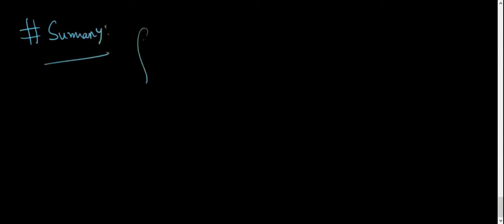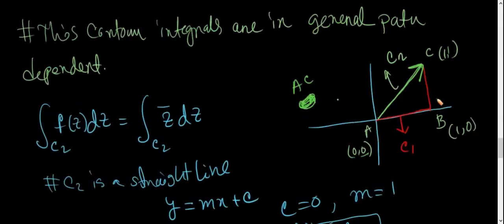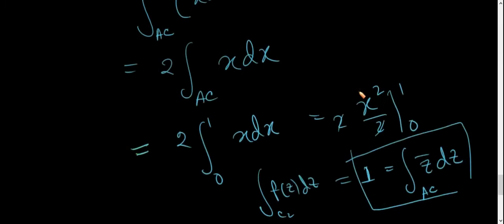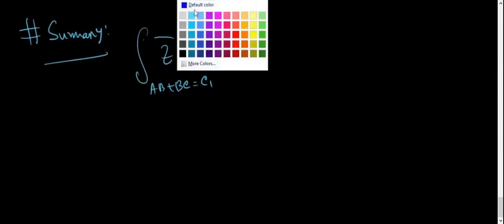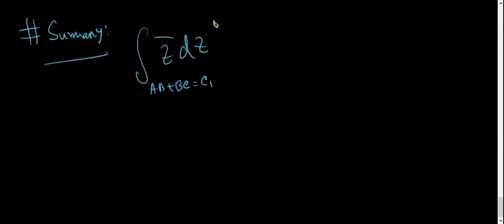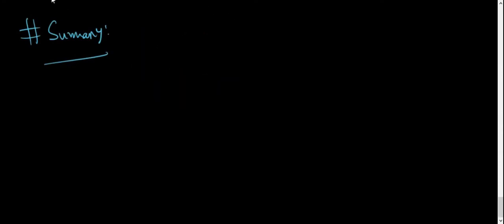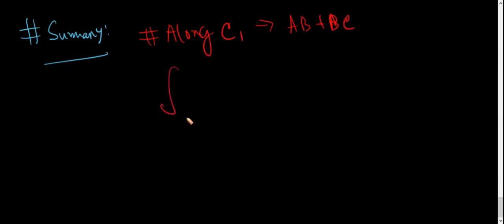Summary: when you evaluated z bar dz along AB plus BC, that was C1, the contour denoted by this red line. Let me switch the color so that you can understand what is happening. Along C1, that was denoted by AB plus BC, you had the integral of z bar dz over C1 as 1 plus i, right?